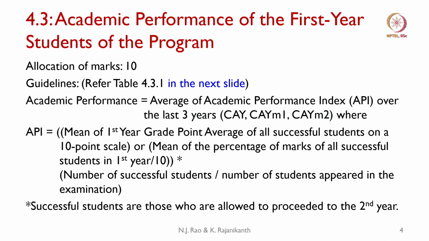If the institute is following absolute marks, then it is the mean percentage of the marks of all successful students in first year divided by 10. If they have an average percentage of 78, then it is taken as 7.8. Of course, if it is a grade point average on a 10-point scale, straight away take the grade point average.